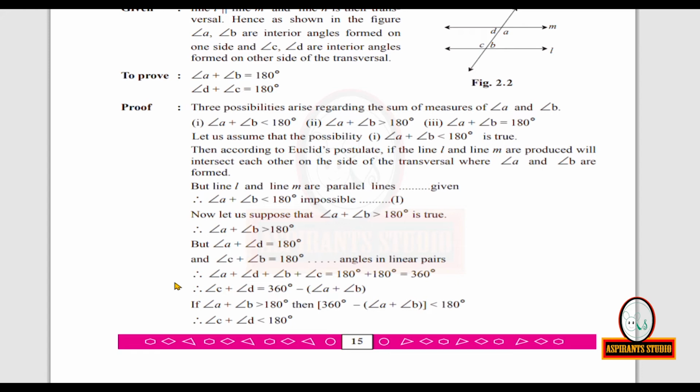Therefore, now equate: on the right hand side we have 180 and 180. Just add those two equations. Add the left hand sides, which will be equal to 180 degrees plus 180 degrees on the right hand side. So it will be 360 degrees.